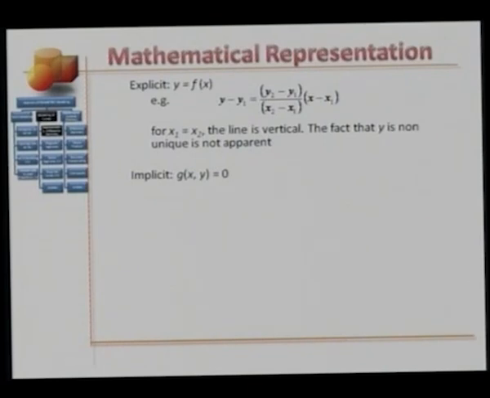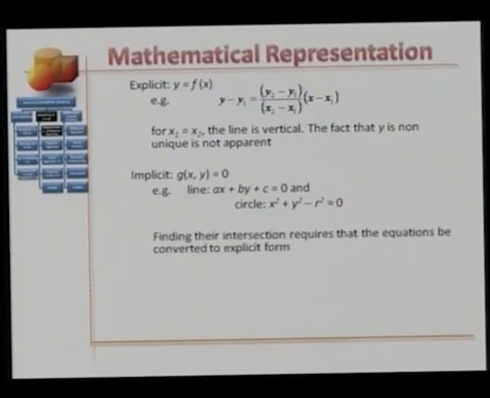Another case, implicit representation, where independent and dependent variables are expressed together in a function g of x and y equals 0. From this equation, it's not very clear which variable is dependent. For example, the equation of a line ax plus by plus c equals 0, and the equation of a circle x squared plus y squared minus r squared equals 0.